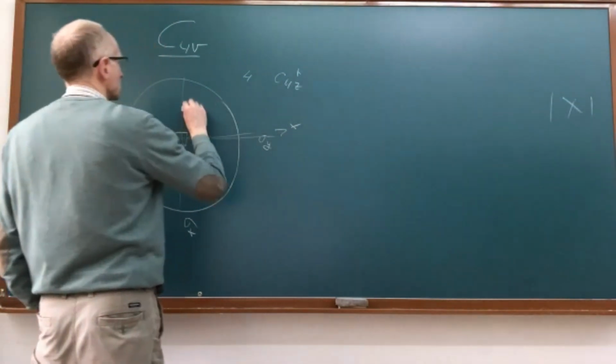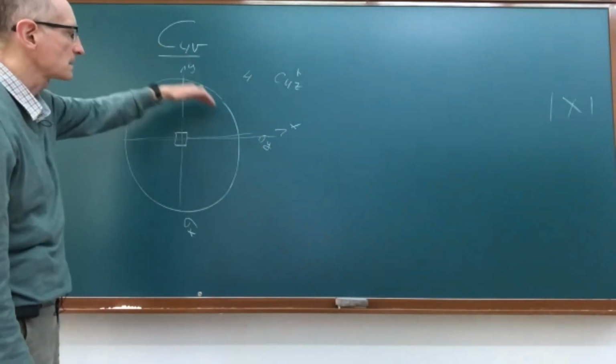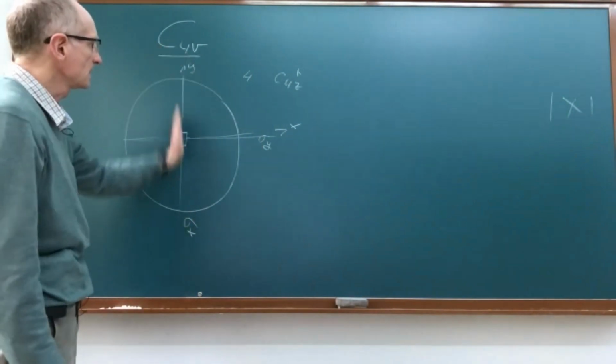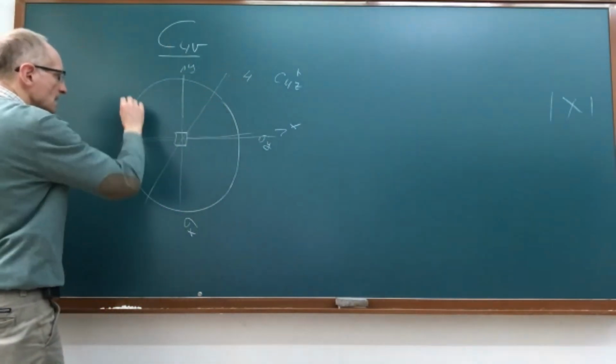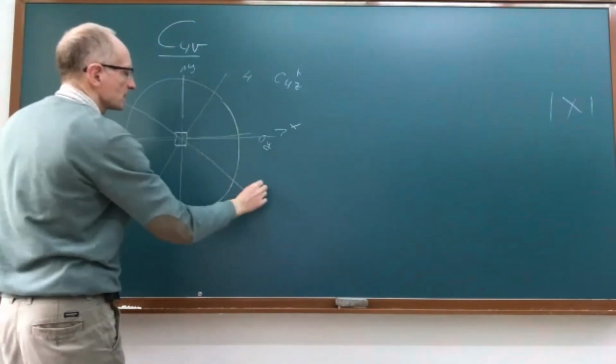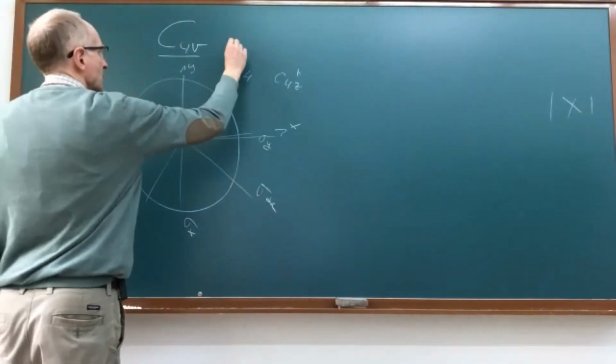This is the x axis and this is the y axis; remember the mirror planes are perpendicular to the axis. So sigma x is perpendicular, is this here, and then I have the diagonals. That depends on the notation; in that list notation, this is sigma dA, this is sigma dB.